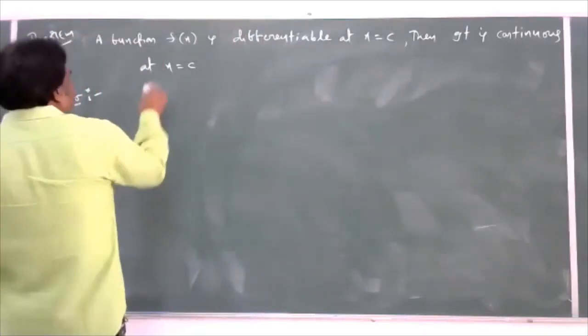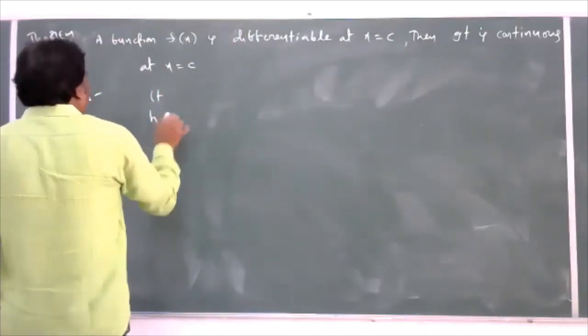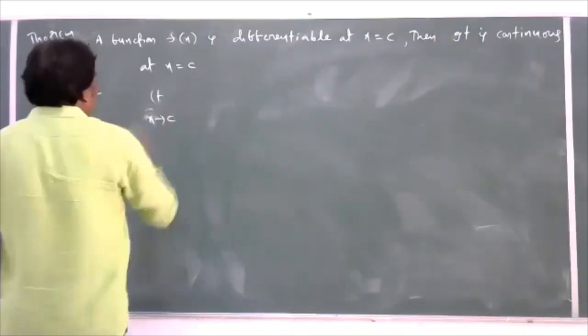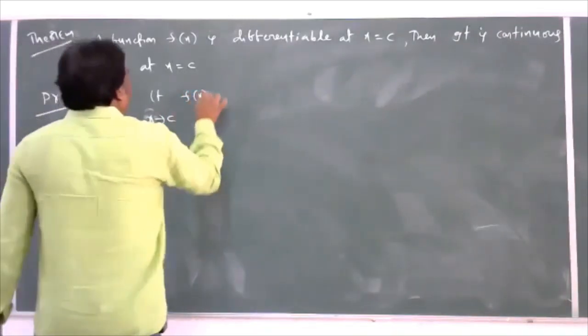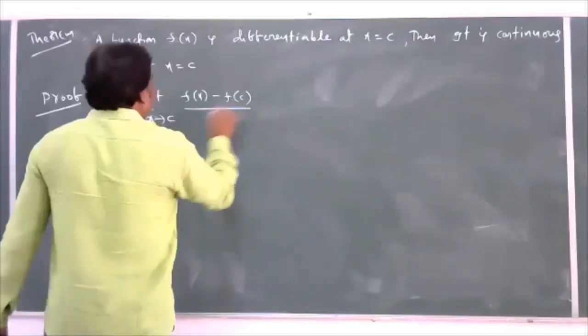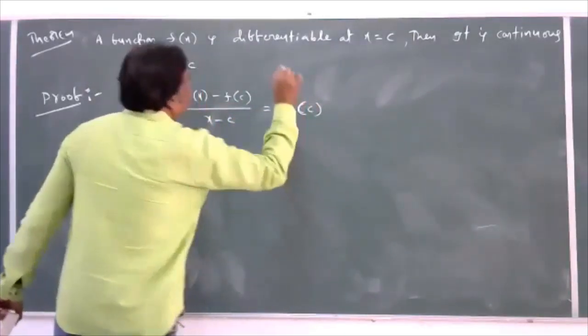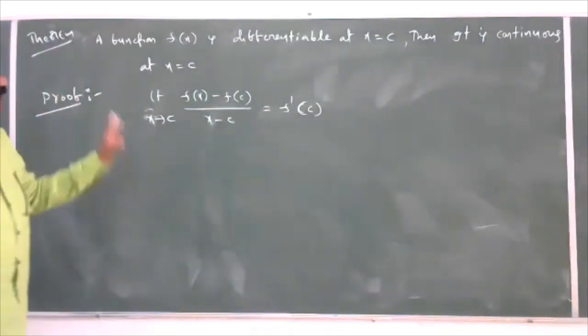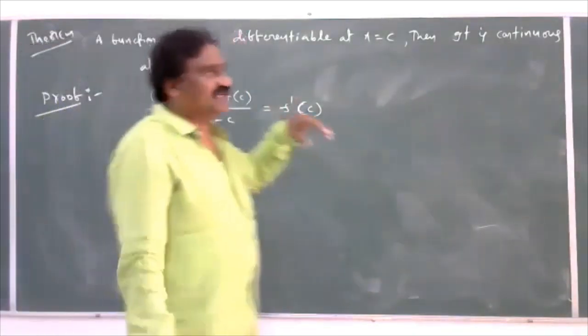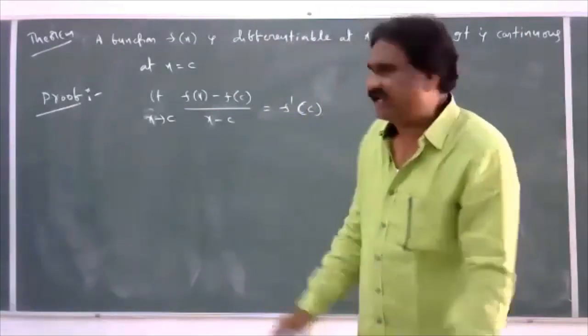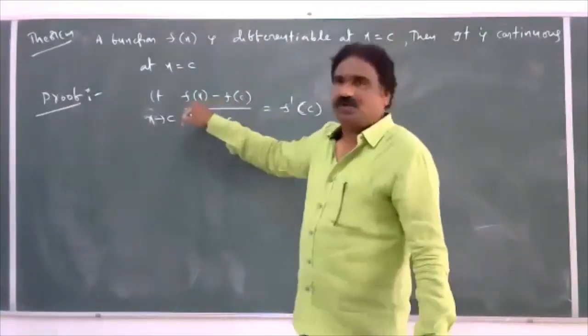So, what is the definition of differentiable? Limit x tends to c, f of x minus f of c by x minus c is equal to f dash c. What is the definition of a differentiable function at x equal to c? Already we proved.